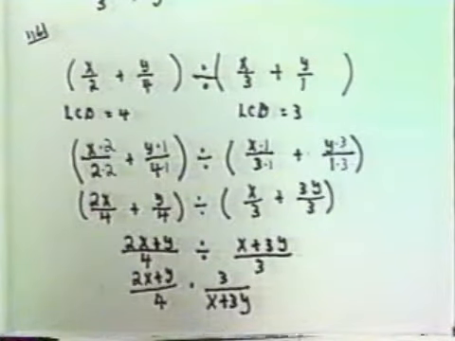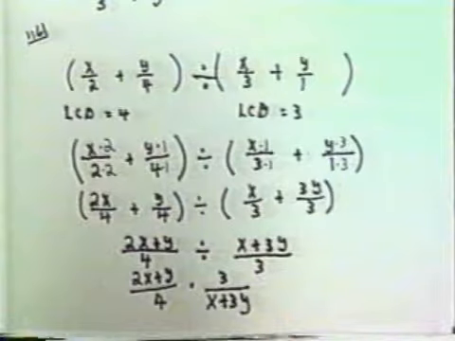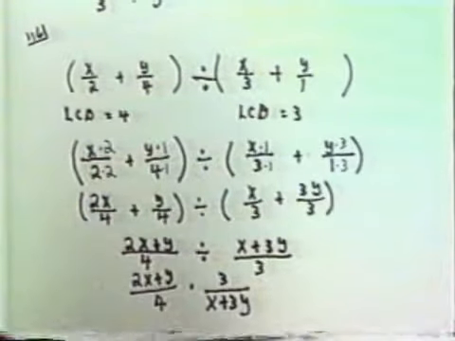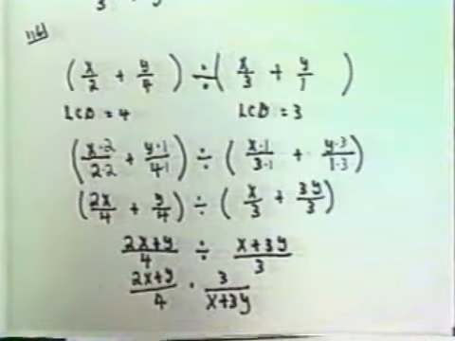Now normally speaking, at this step, I would try to factor and reduce. I cannot factor. Since I can't factor, I can't reduce. So I will simply do the multiplying.